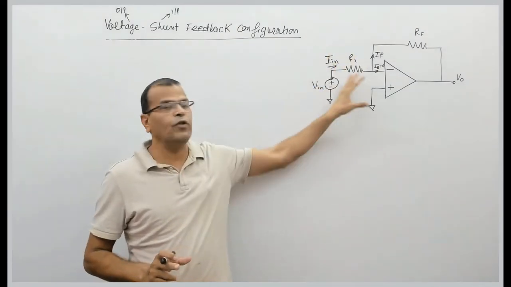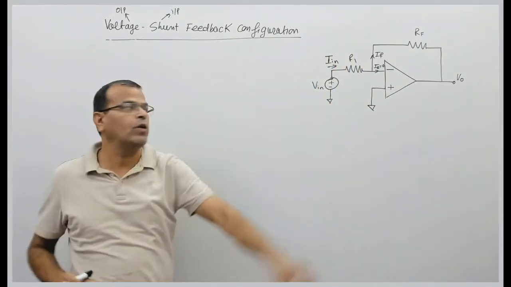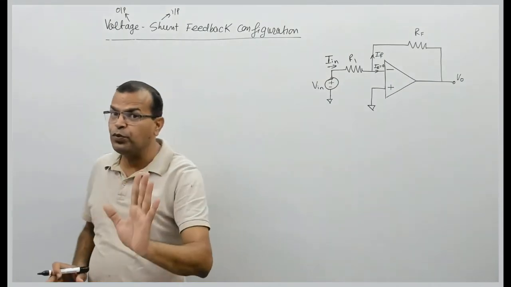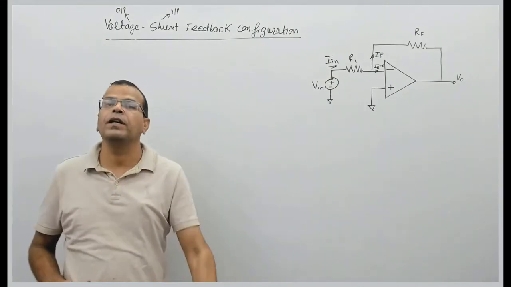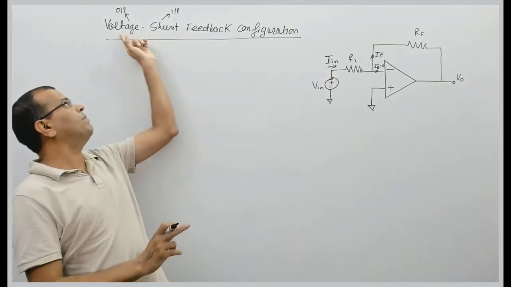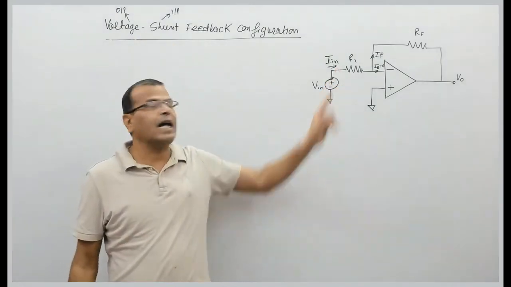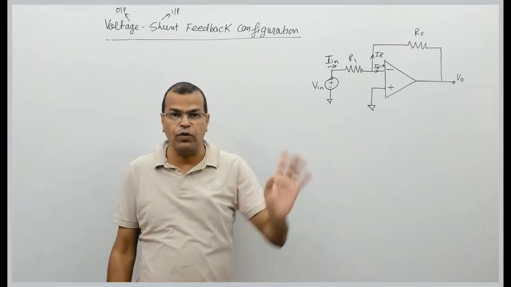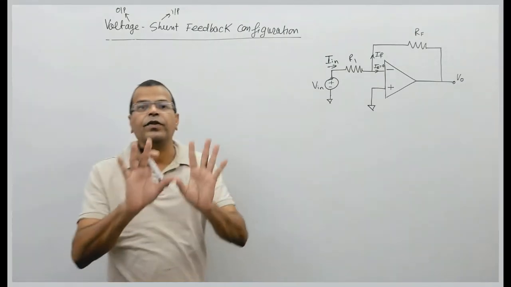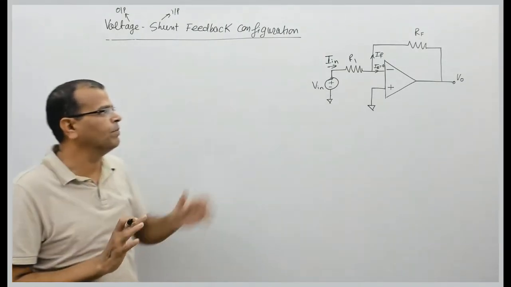In op-amp based amplifier, I will be talking about voltage as input, not the current. But in BJT based feedback amplifier, that is voltage shunt feedback amplifier, we consider current as the input, not the voltage. This is the basic difference you should remember.